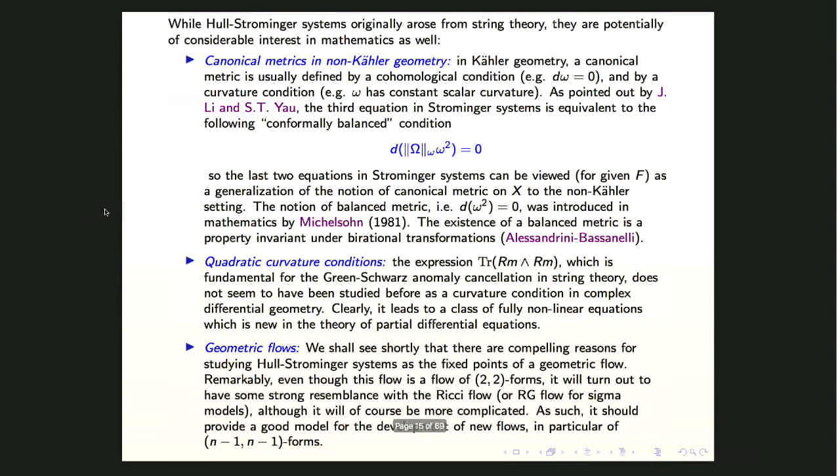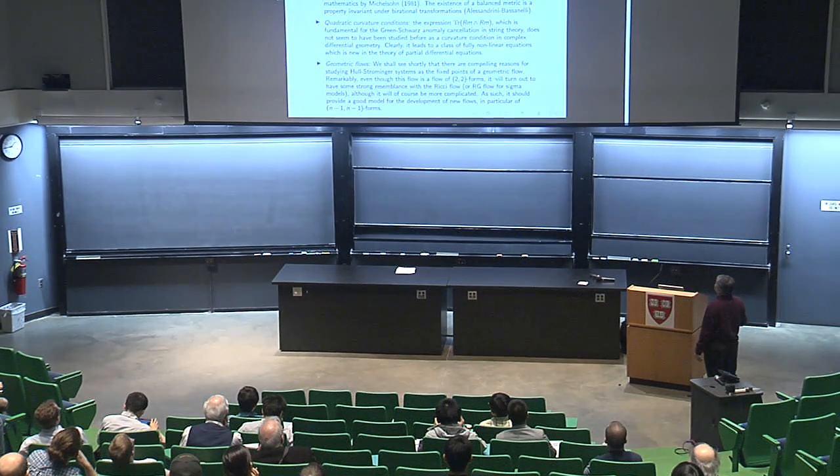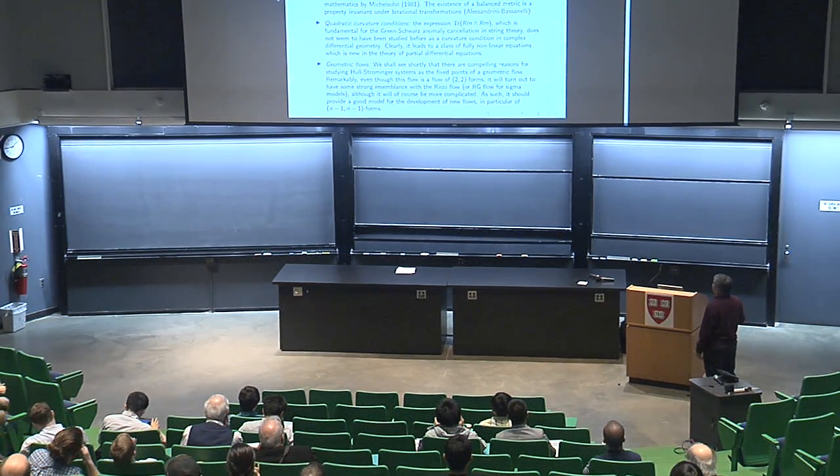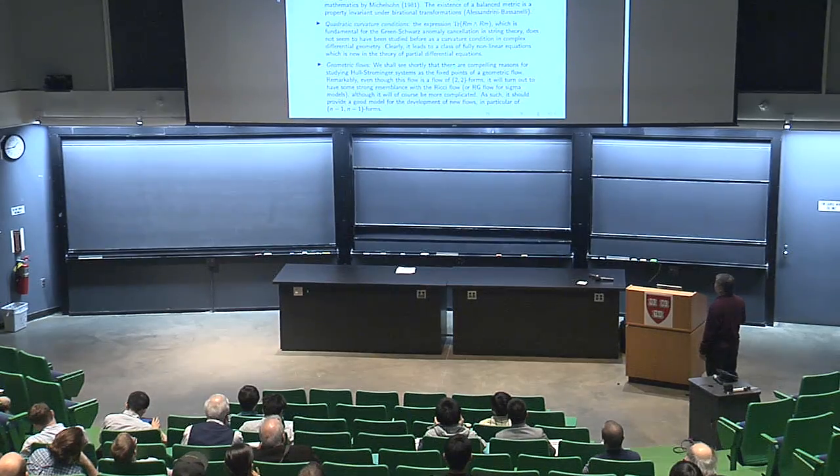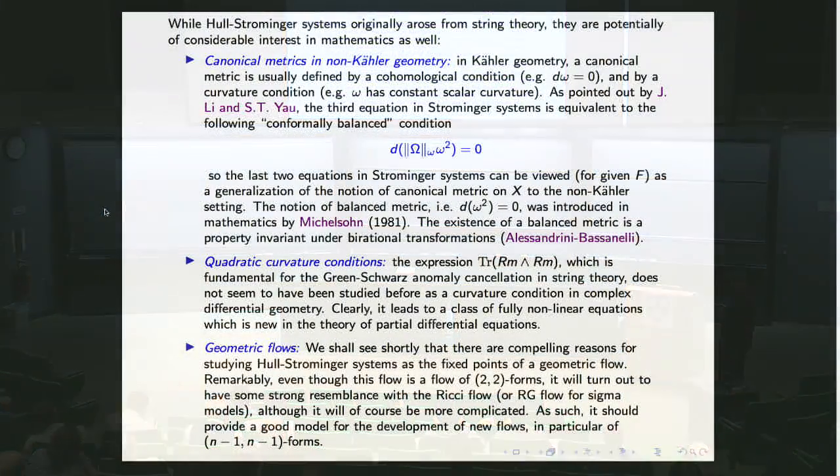And then the third reason is perhaps a bit technical, but on the other hand, I think it's a good motivation as well, because we'll see that for this Hull-Strominger system, although it's an elliptic system, there are good, compelling reasons for viewing it as the fixed points of a geometric flow, so to adopt the parabolic approach.